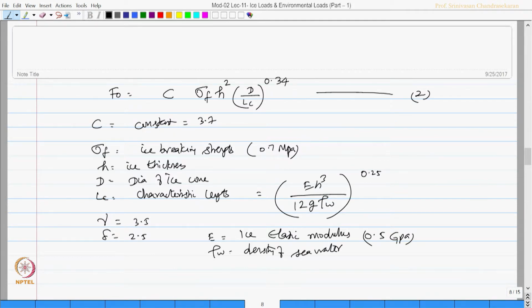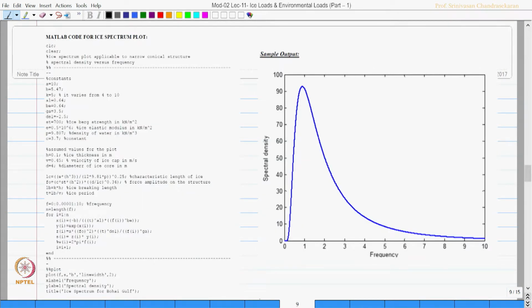A typical ice spectrum, which can be plotted, is looked into the figure here, and we have given the program to plot the ice spectrum on a narrow conical structure. The plot shows the spectral density versus frequency.